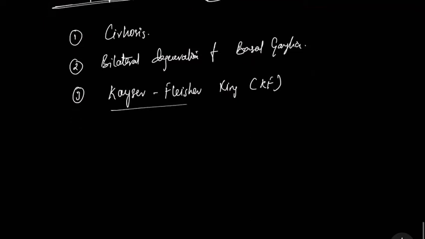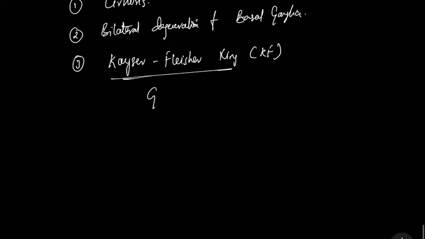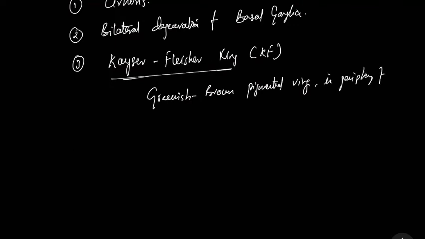There are greenish brown pigmented rings in the periphery of the cornea, around the limbus. But this characteristic finding is relatively harder to see in us Indians and Asians because of our iris being darker colored. It is a more prominent finding in the Western population.